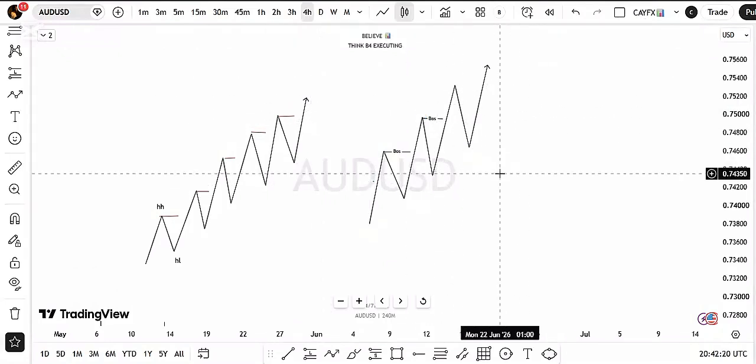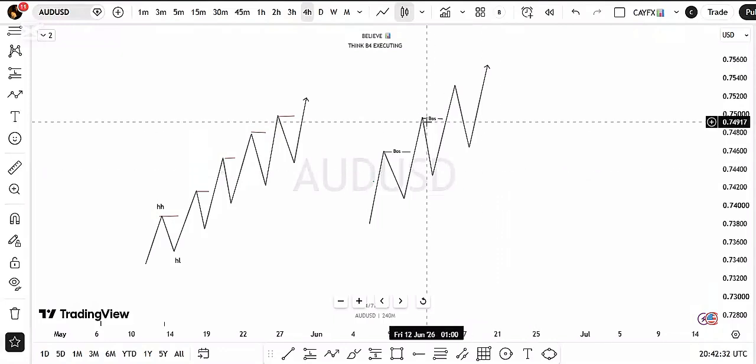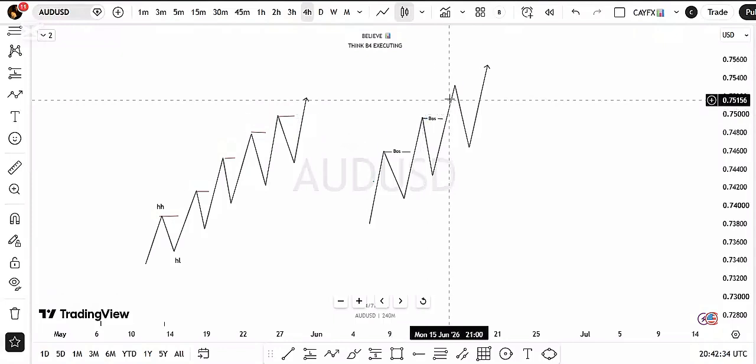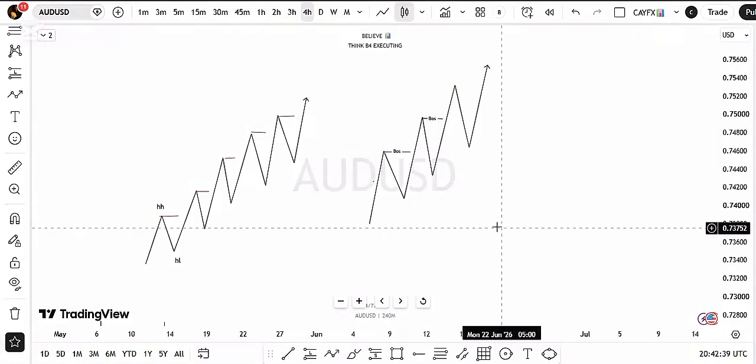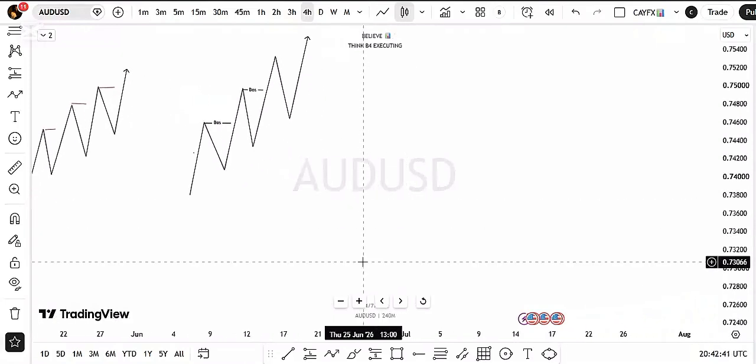And now, mind you, there is something I want to say. If you want to know a valid break of structure in any market structure, the market must close with a body. I'll give you an example.